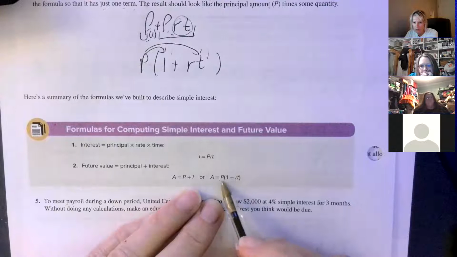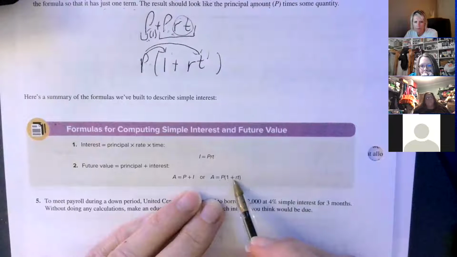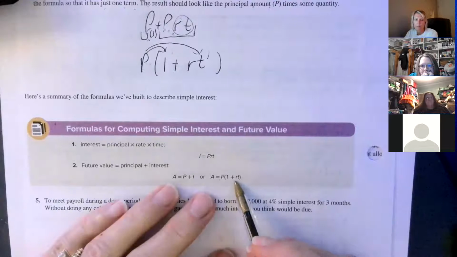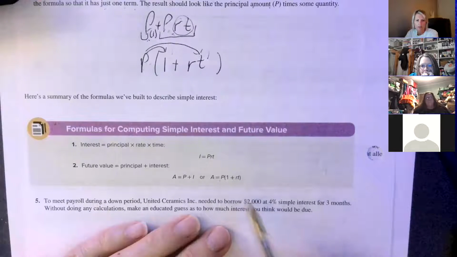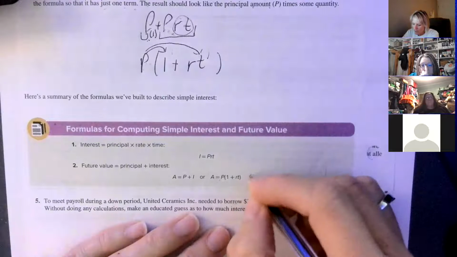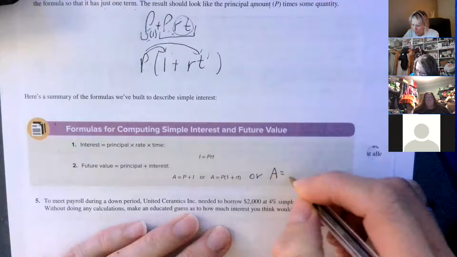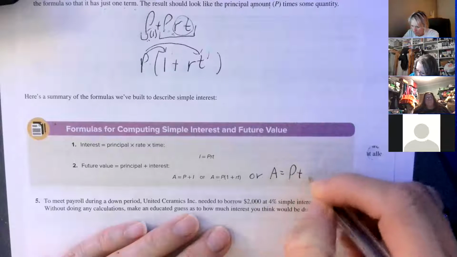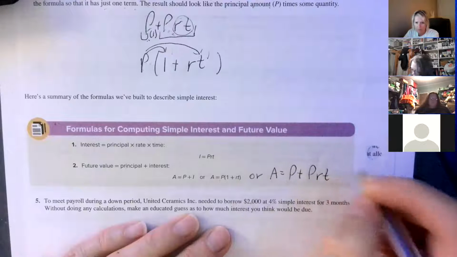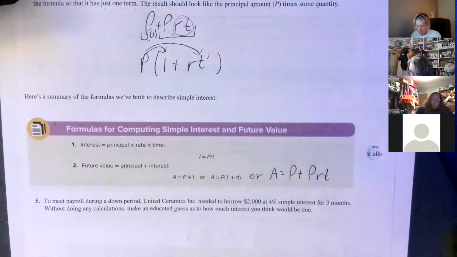P was like our starting value. And then we added 1 plus whatever the rate was times years. Or we can just use the one that we had on the page prior to this, that was just P plus PRT. So thinking of it like that works just fine.